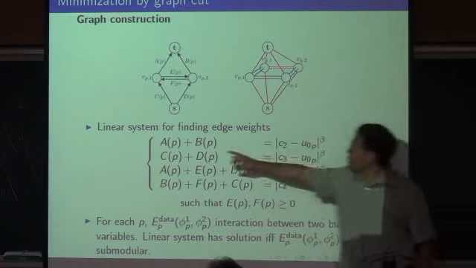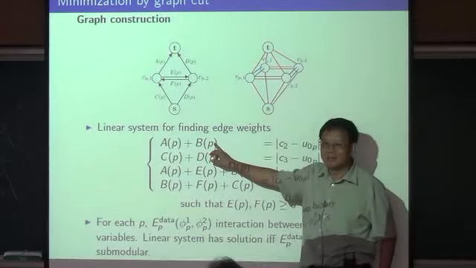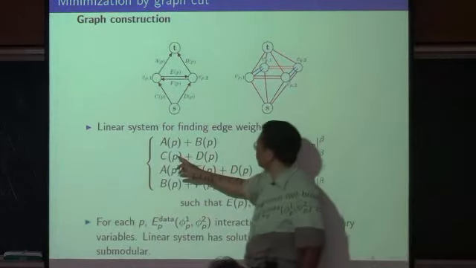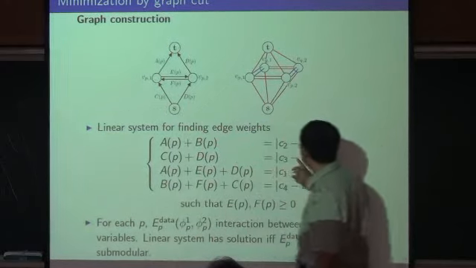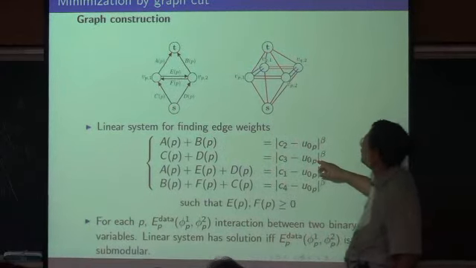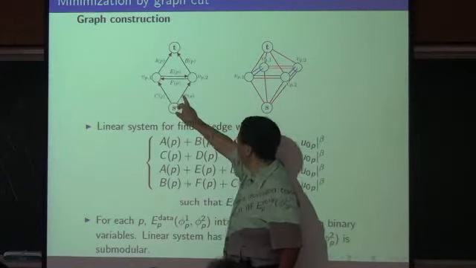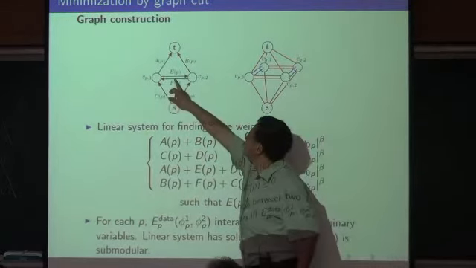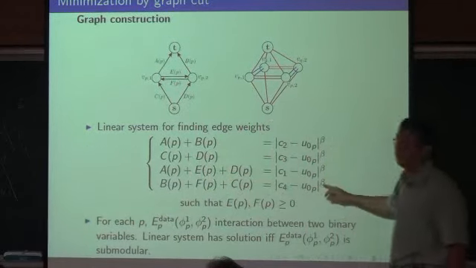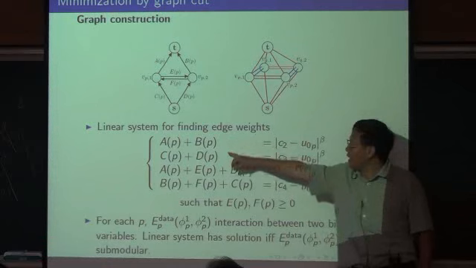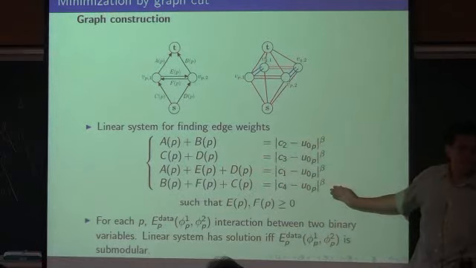The cost of that cut is A plus B. So it should satisfy this. And then the cost of this cut, AED, should equal this one. And the cost of CFB should equal this one. So if your cut should minimize the energy, you must assign ABCD to satisfy those relations.